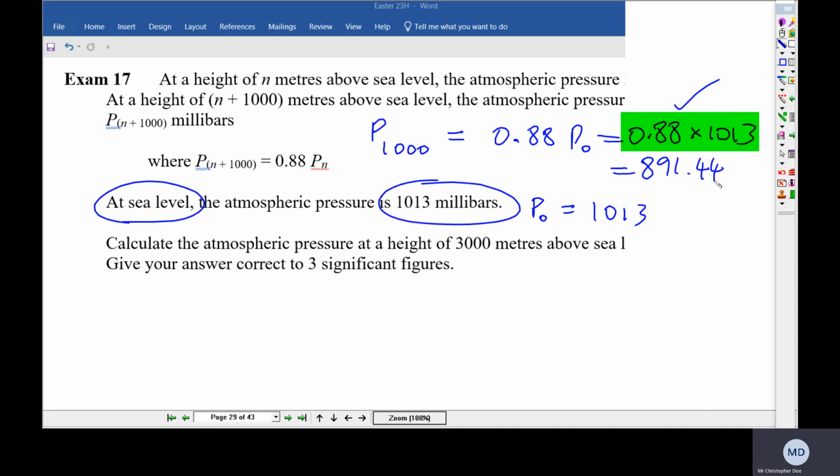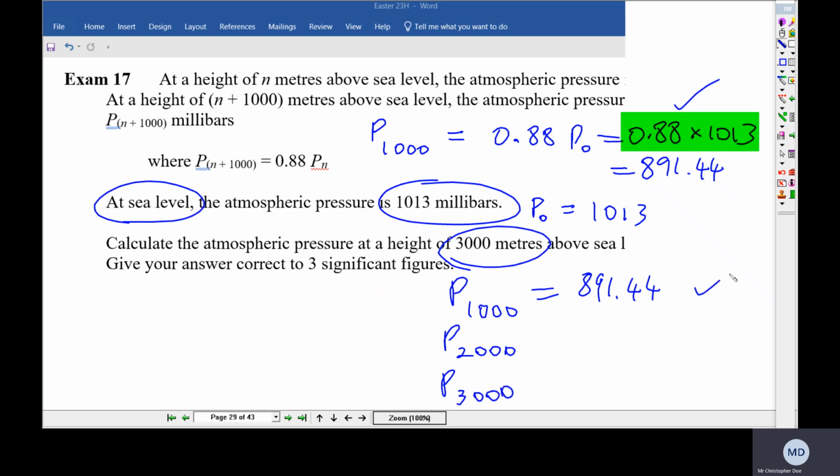Now you've got P1000 and you need to get to 3000. Don't round it up, keep it as 891.44. Then you use the formula to get P2000, and then you use the formula to get P3000. So you've got a mark for that, probably a mark for that, and then a mark for your final answer.